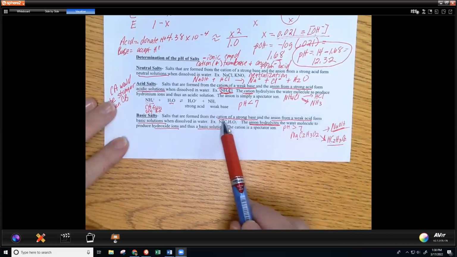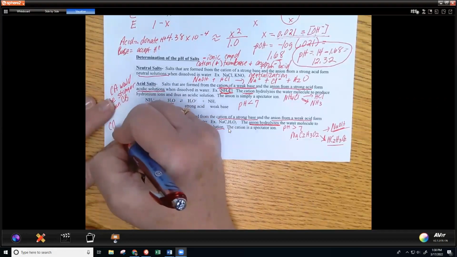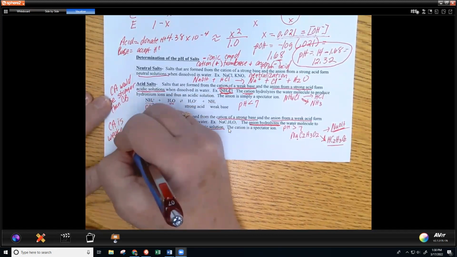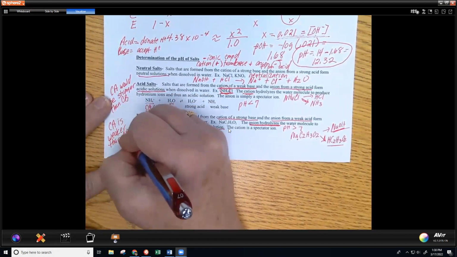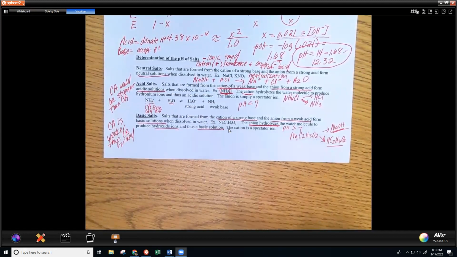So since I started with a strong base, the conjugate acid in this reaction is weaker than the conjugate base that is formed, because the conjugate base came from a weak acid. Remember, if we have a weak acid, it's going to be a stronger base and vice versa. That doesn't mean it goes into the list of really strong bases like sodium hydroxide, but it's going to be a stronger base, so more likely to accept a hydrogen than the acid was to donate a hydrogen.